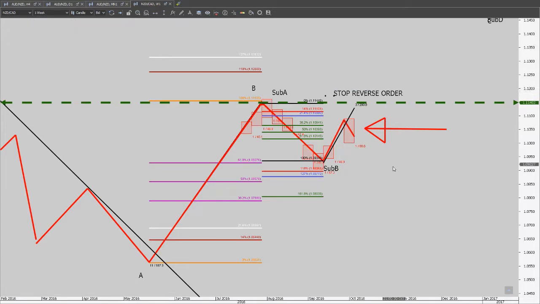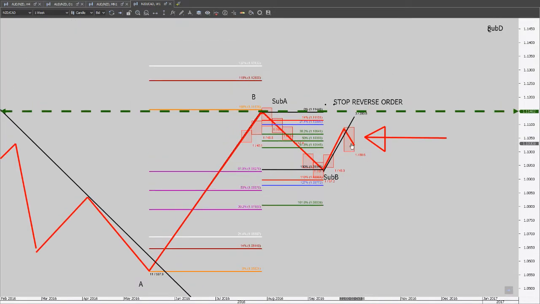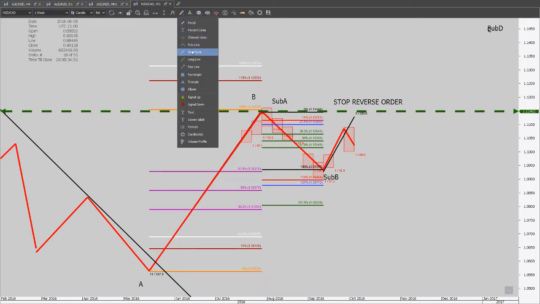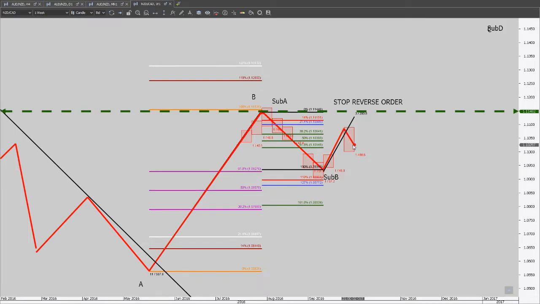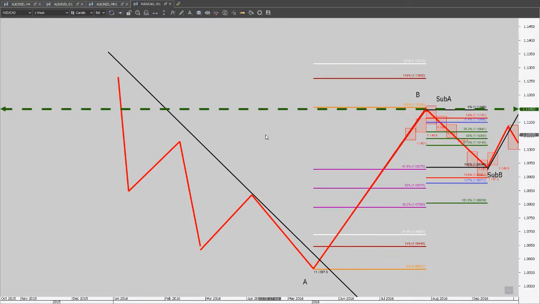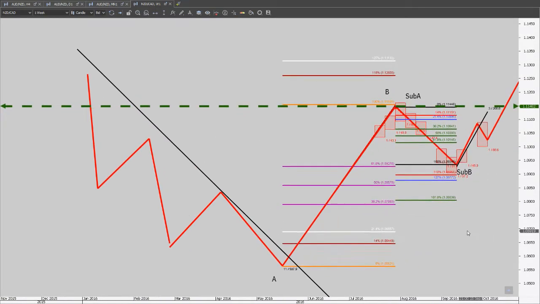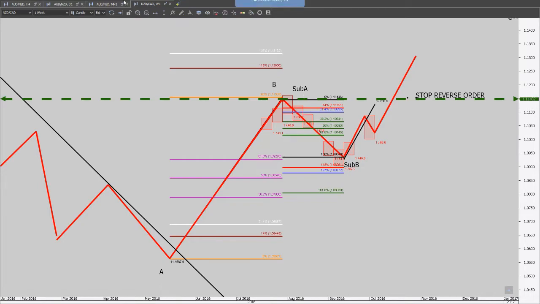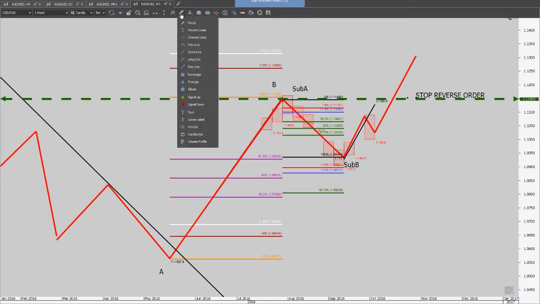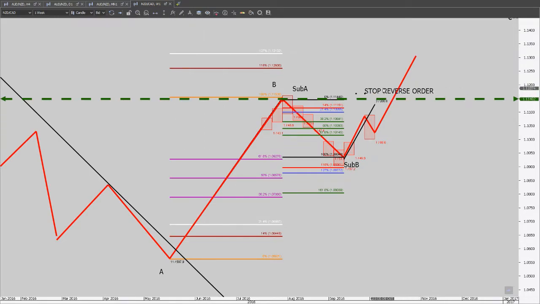This means that if this confirmed retracement inside the sub A and sub B turns out to be the extension, okay, this is the challenging part, because we don't have the crystal ball, we don't know what is going to happen in the future, right? But if this retracement turns out to be an extension, then you need to reverse your sell order from a sell to a buy.